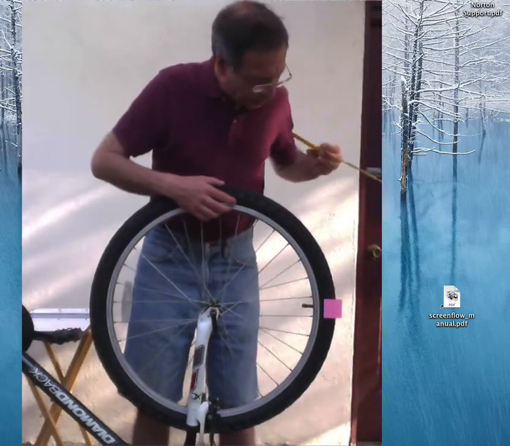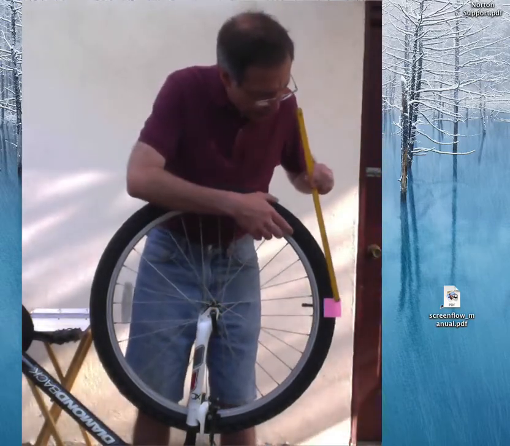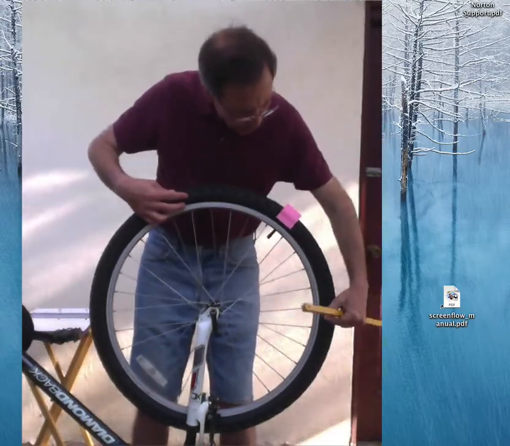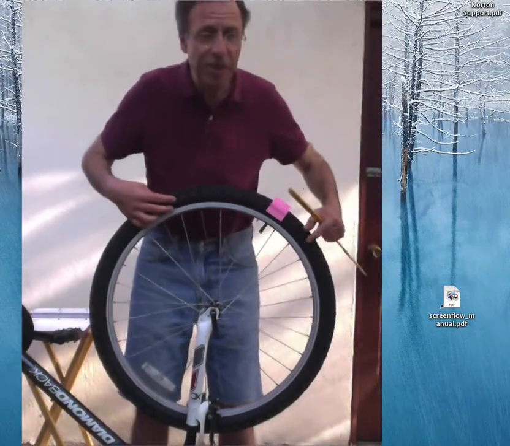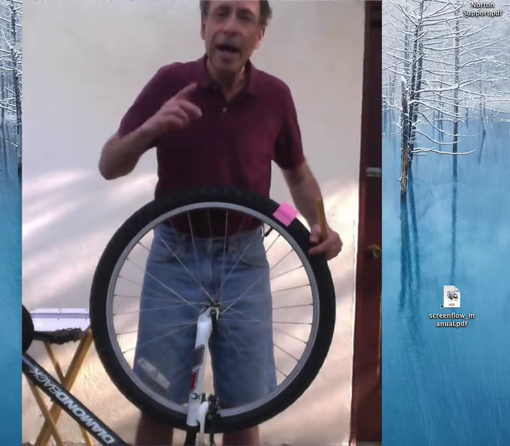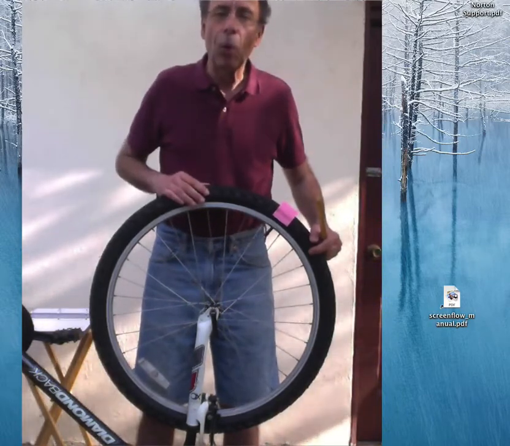Now we make this piece of paper go round and round until it's gone from the beginning point an arc distance of 32 centimeters. That means it's gone 1 radian.